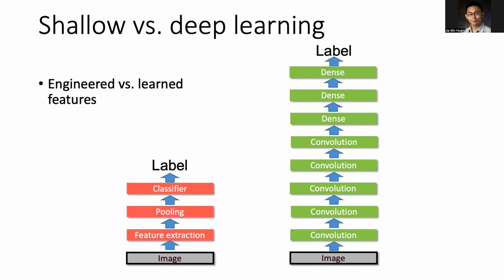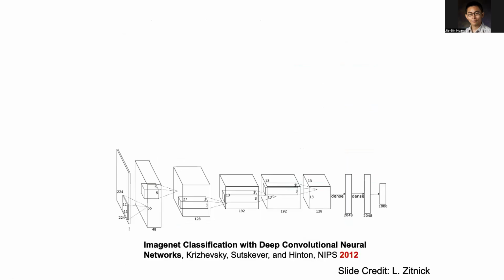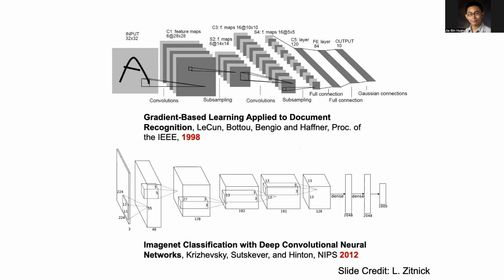And if you look at the basic architectures that existed at that time, it's not new actually. Compared to what people have done in 1998 for digit recognition, it's basically the same architecture, but just scaled up.